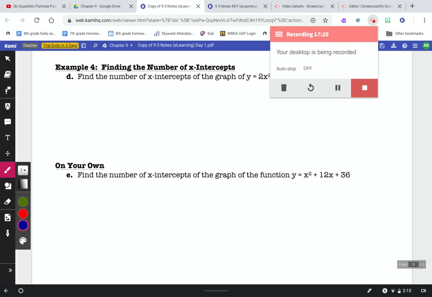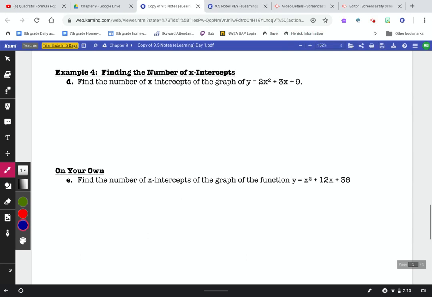So we have an equation that is y equals 2x squared plus 3x plus 9. Well, your x-intercepts, remember, is when y equals 0. So if we make this equal to 0, then it's set up nicely to either use the discriminant or solve using the quadratic formula. We don't need to solve it. They're just saying find the number of x-intercepts or solutions.